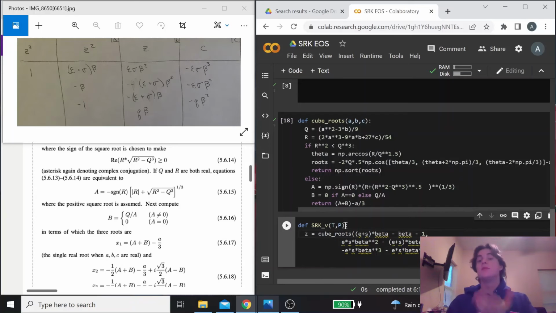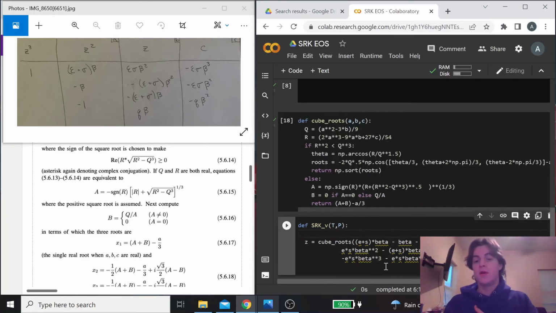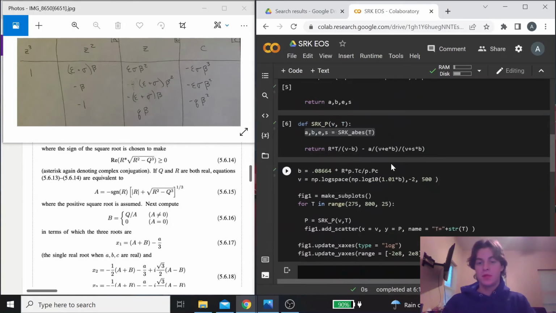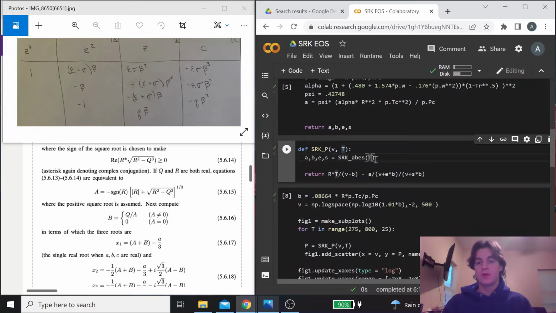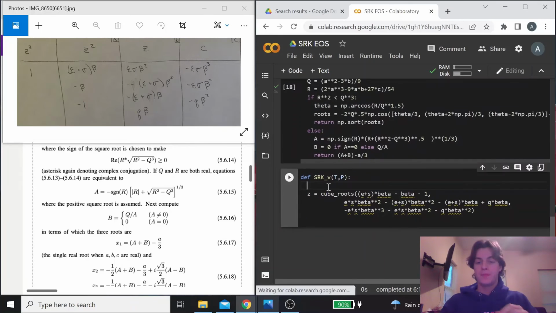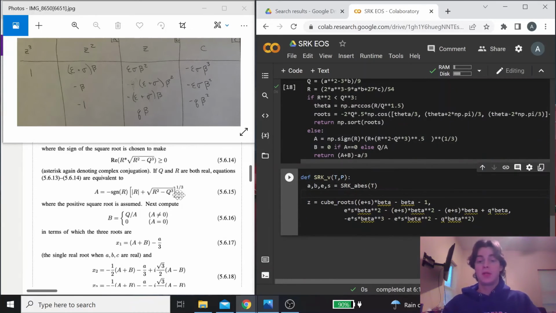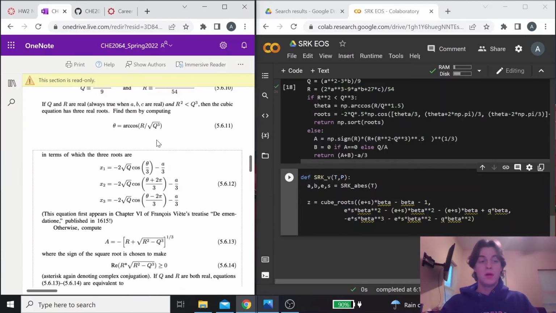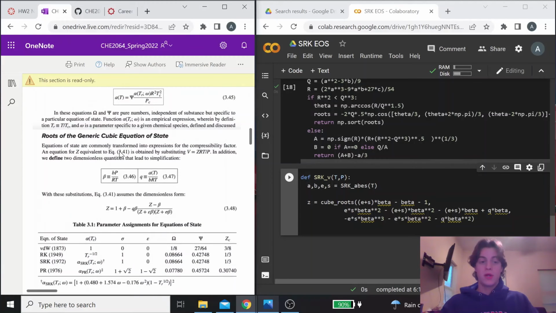So now, obviously, we're missing quite a few values. We're missing epsilon and sigma, and beta and q. So we'll calculate epsilon and sigma using this function up here that we wrote earlier, using our SRK ABS function. And then we also need to calculate beta and q. So we come back to our thermodynamics equations.